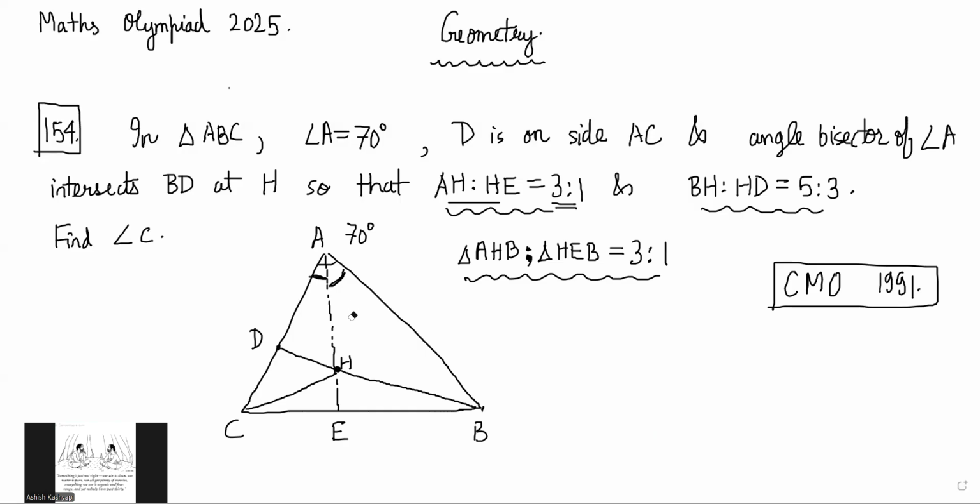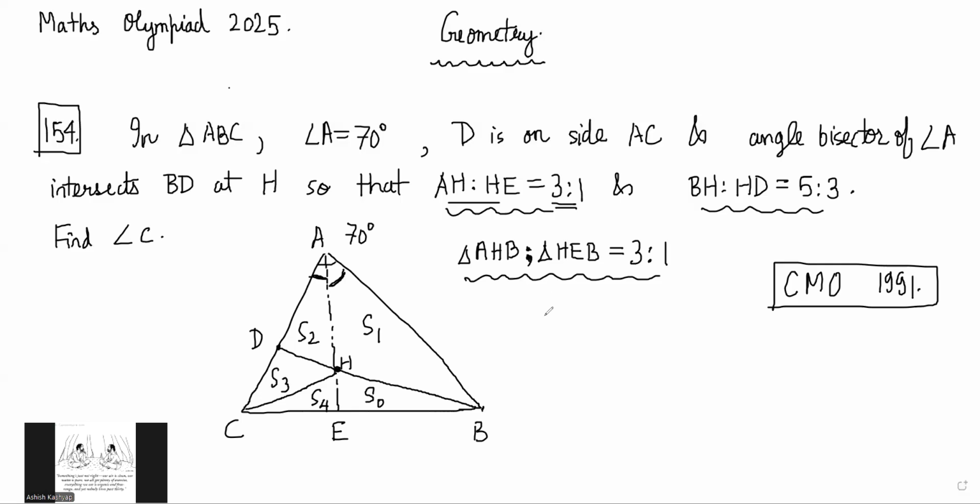So if we call the small triangle area S0, we know this is S1, let's say. Let's label every triangle S2, S3, and S4. So we know S1 by S0 is 3 is to 1, right?